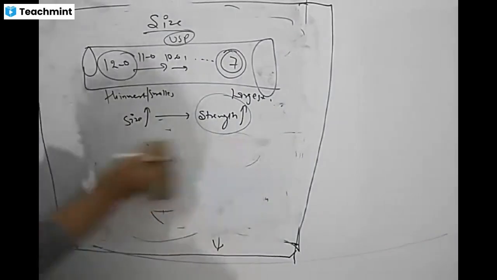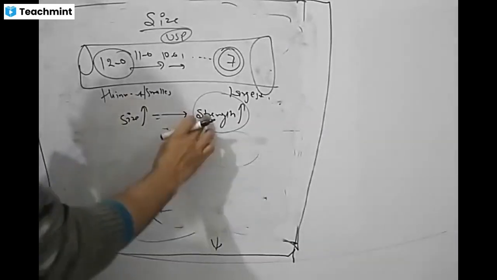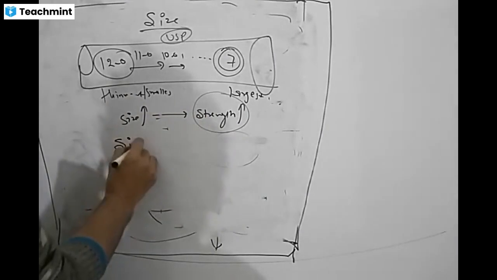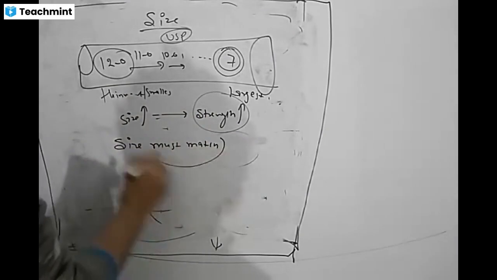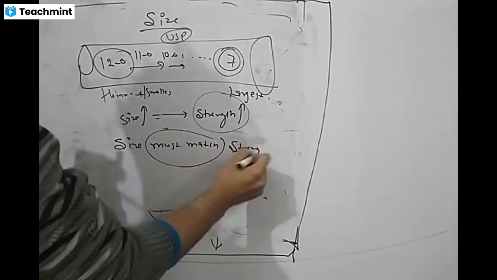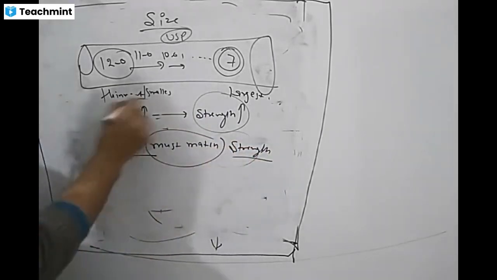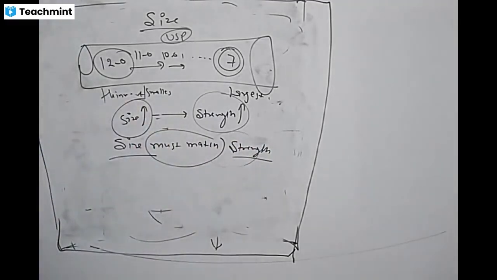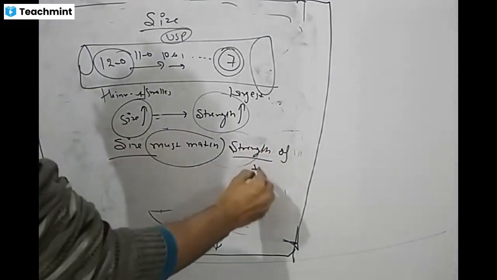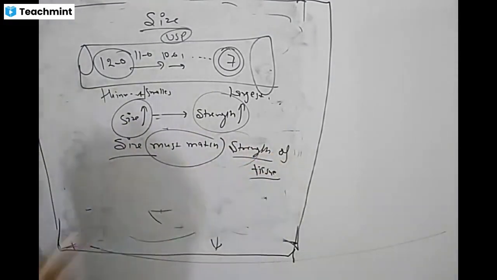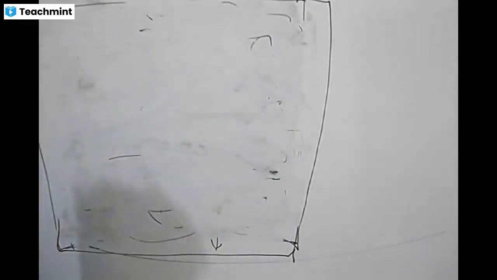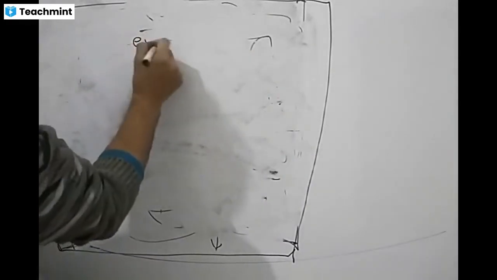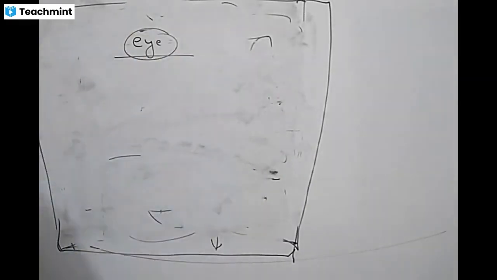Why is it important that as size increases, strength increases? The concept is that size must match with the strength. The size of the suture must match with the strength of the tissue. Suppose you are doing some surgery in the eye, for example a cherry eye operation.